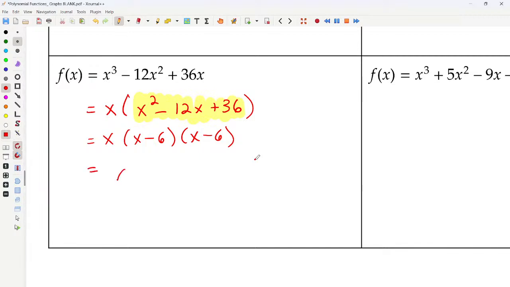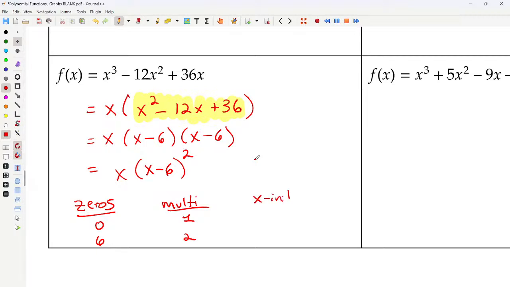And then since we're talking about multiplicities, let's write this in a nice condensed form as x times the group x minus 6 squared. So our zeros are 0 and 6. The multiplicities are 1 and 2. And at the x-intercepts, they will cross and turn.